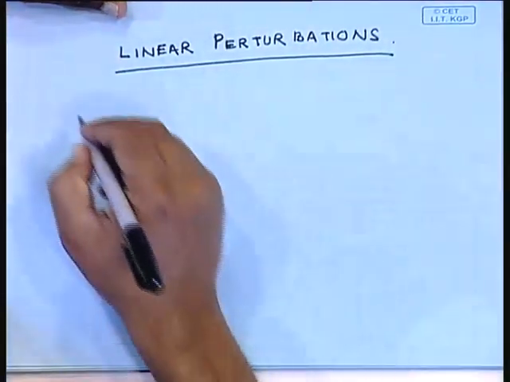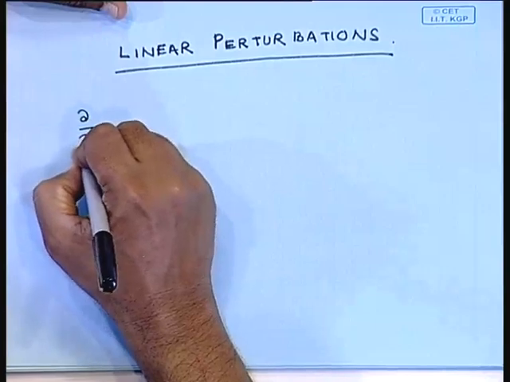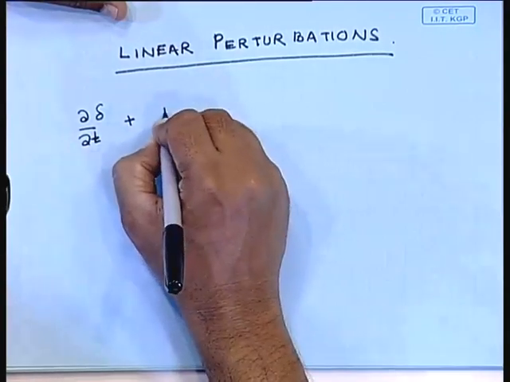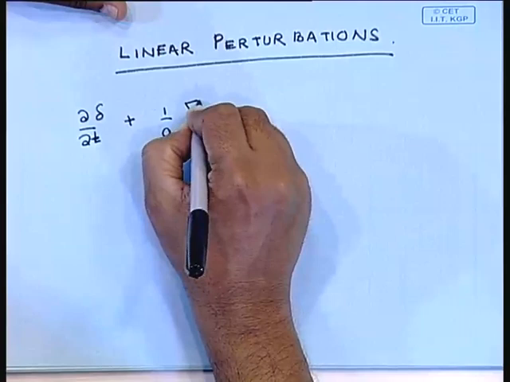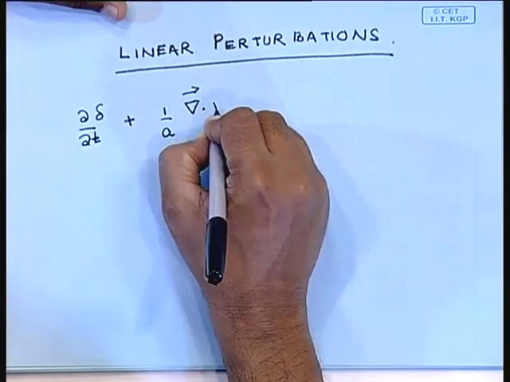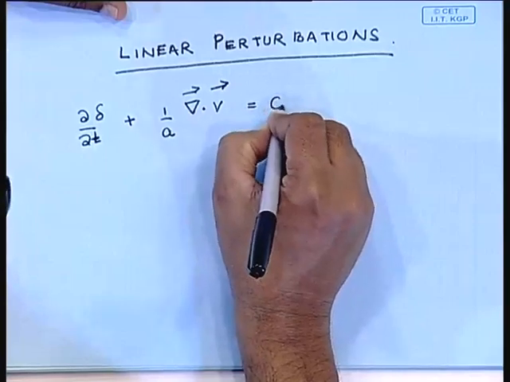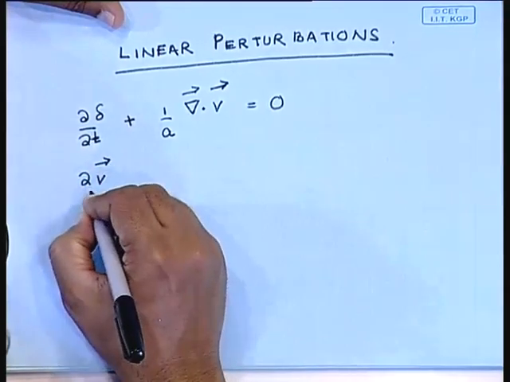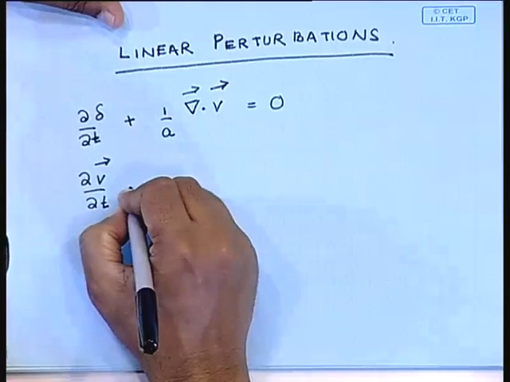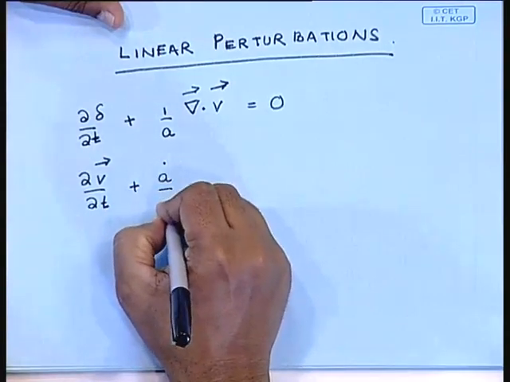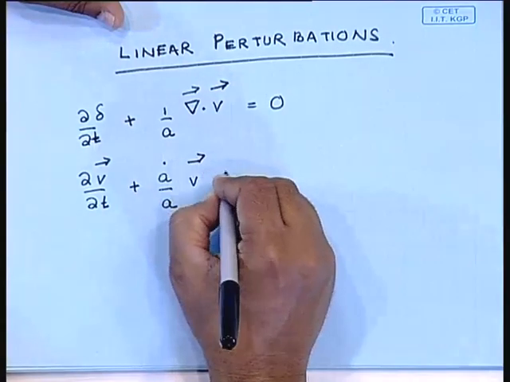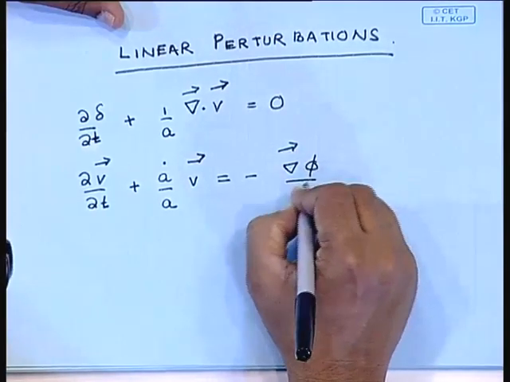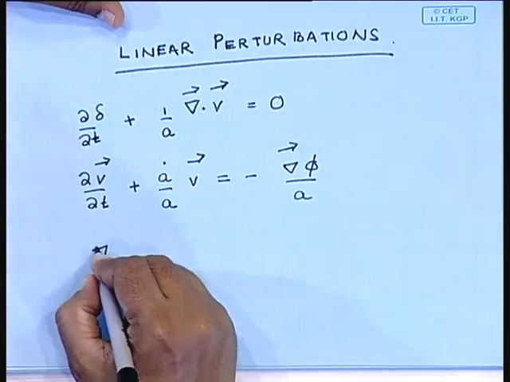The first equation, the continuity equation, then we have the Euler equation, the linearized Euler equation, and we have the Poisson equation.